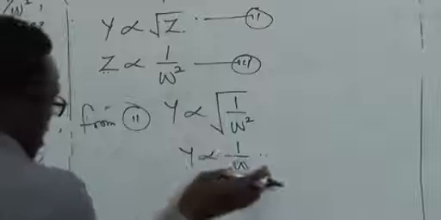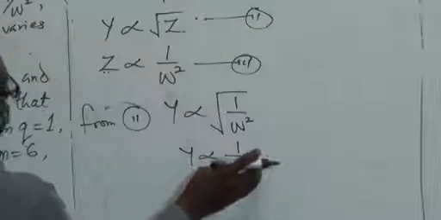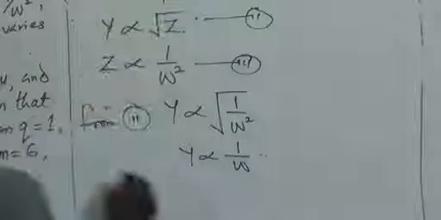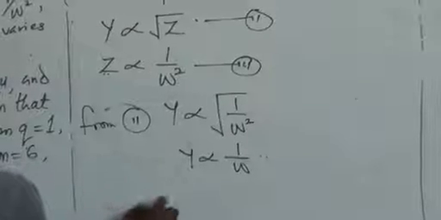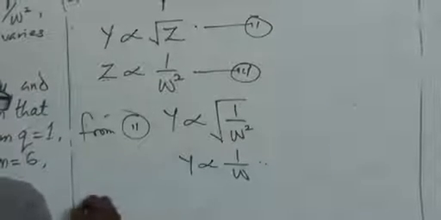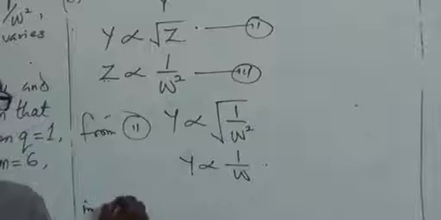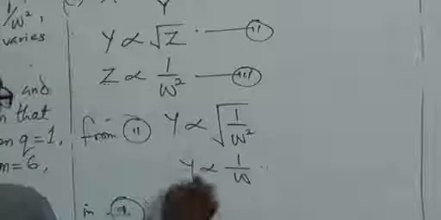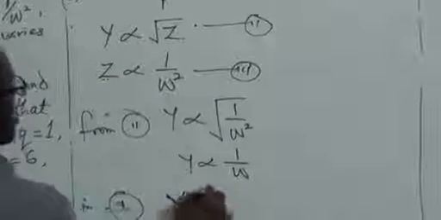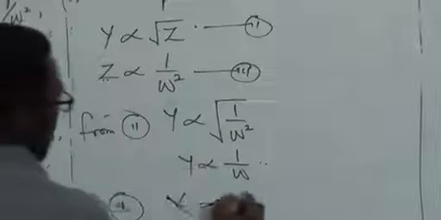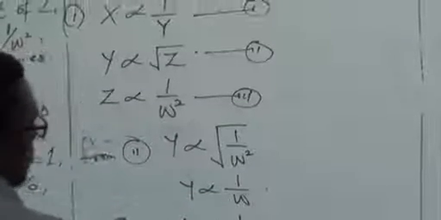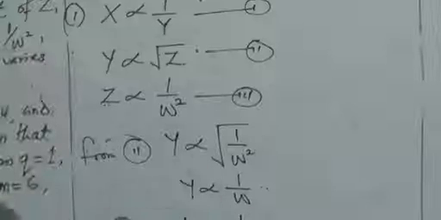Now we put that expression for y into the first expression. So in expression 1, we now have x varies as 1 over y. So 1 over, instead of y, we put 1 over w.